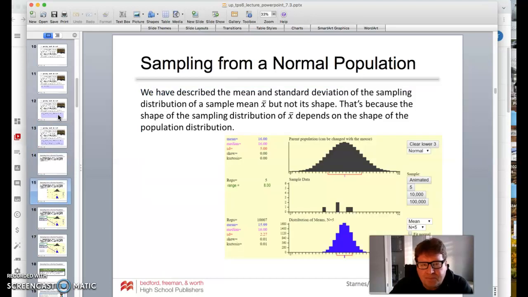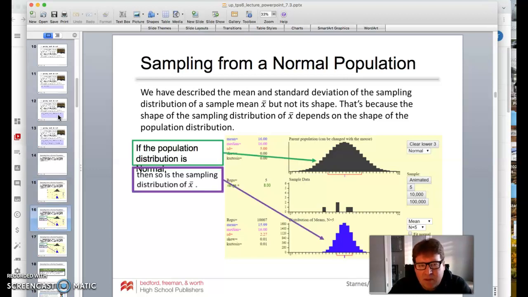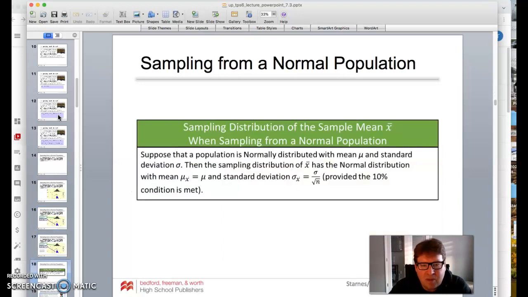All right. Now we've described the mean and standard deviation of the sampling distribution of a sample mean x bar, but not its shape. That's because the shape of the sampling distribution depends on the shape of the population distribution. What we know is that if the population distribution is normal, then so is the sampling distribution. That's kind of a logical conclusion, I would think. And it is true no matter what the sample size is, so keep that in mind.